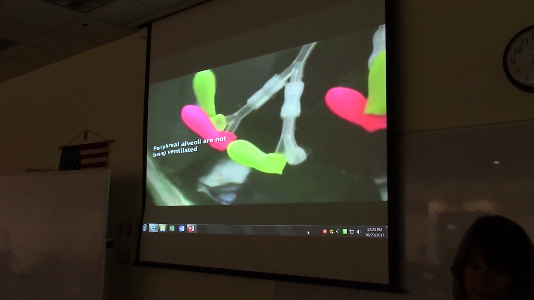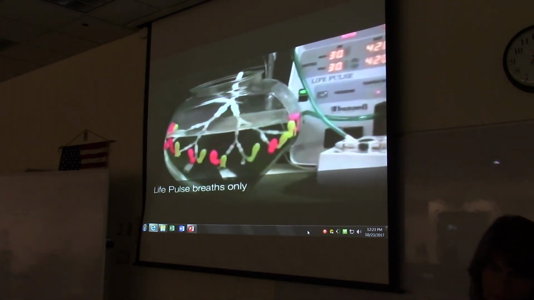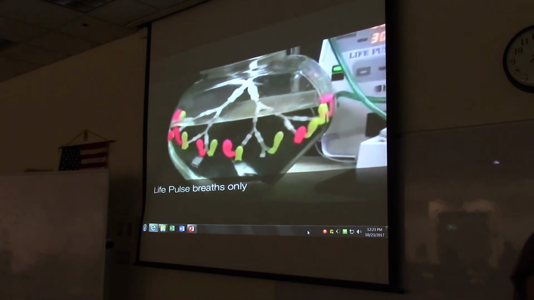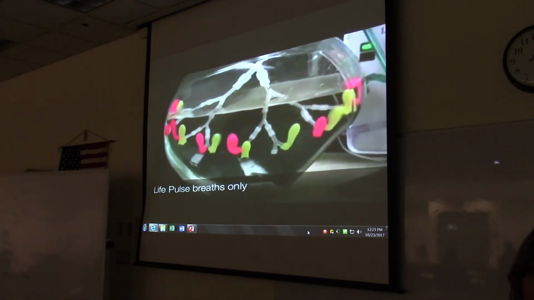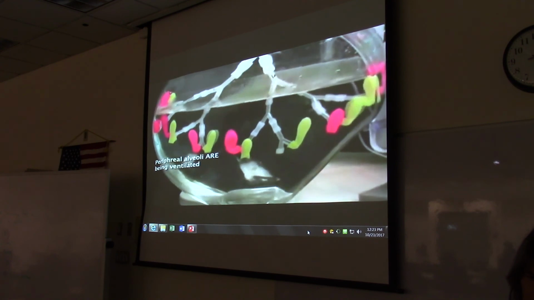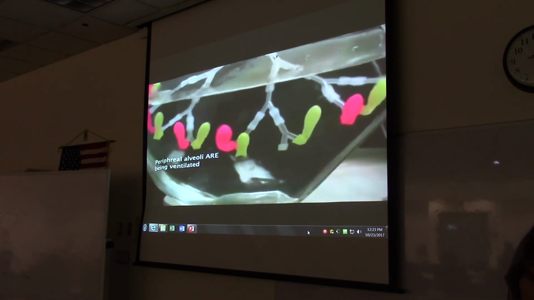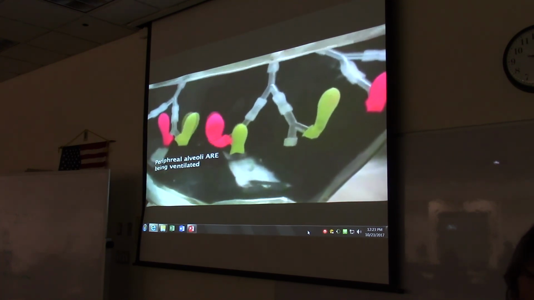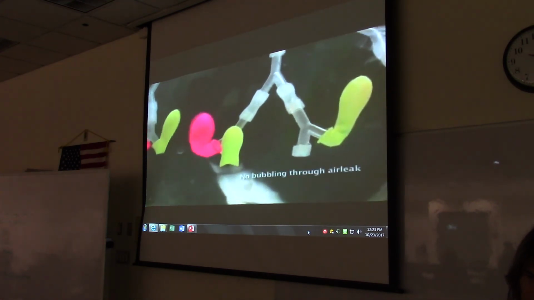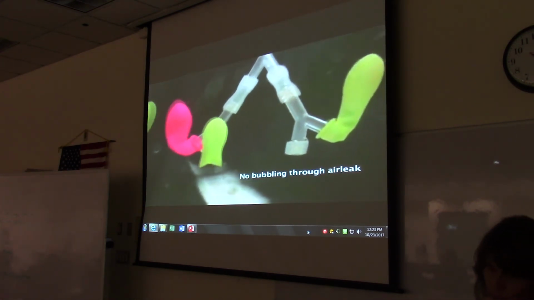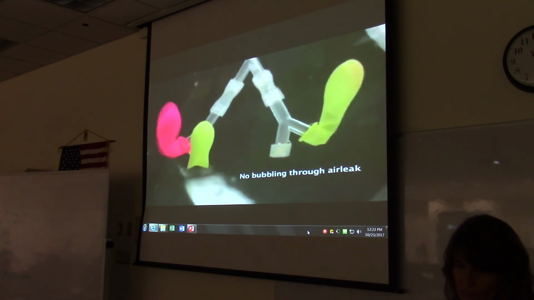Just imagine if that was a pneumothorax or BPF. With just the LifePulse running, you can see that there's no bubbling out the air leak. The peripheral alveoli are being ventilated, as indicated by the wiggler. Even the ones adjacent to the leak are receiving some degree of ventilation by the jet ventilator. And there's no active bubbling through the air leak that I've created in my testing.